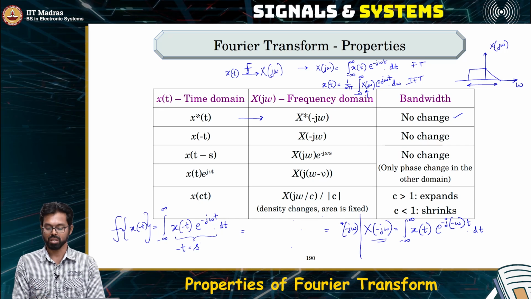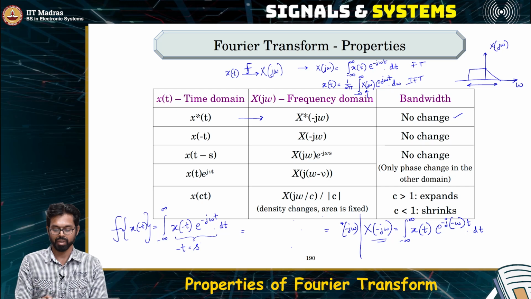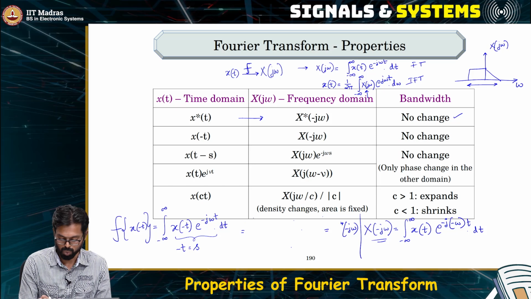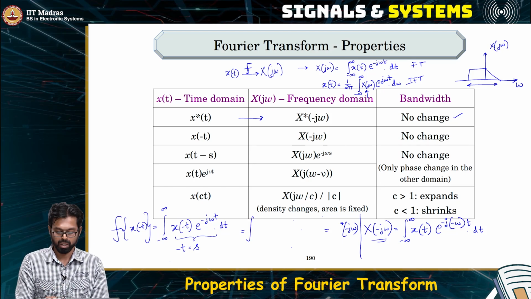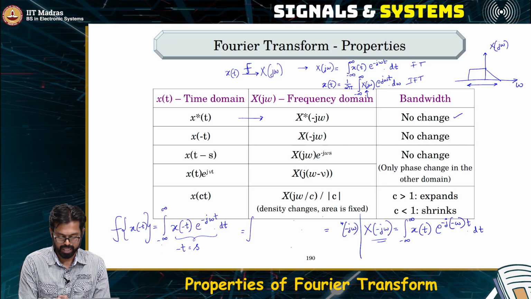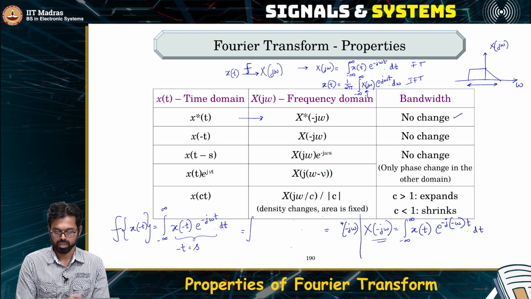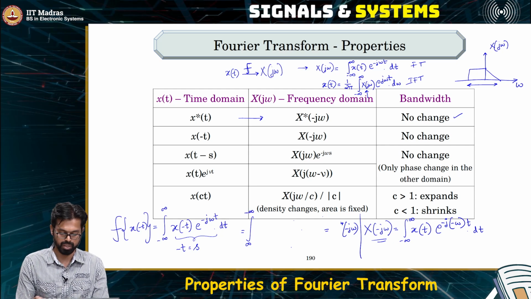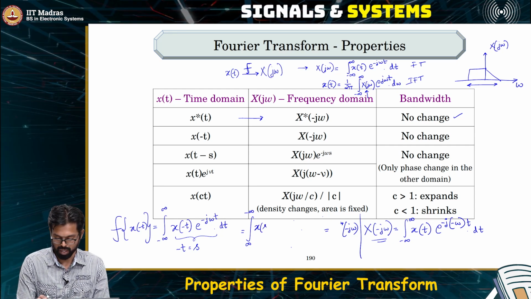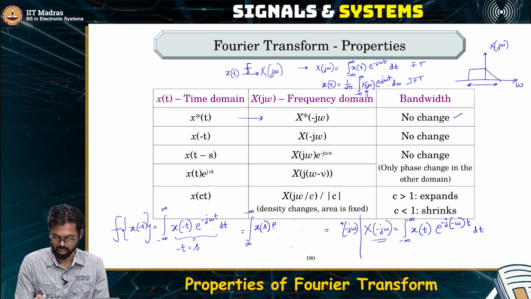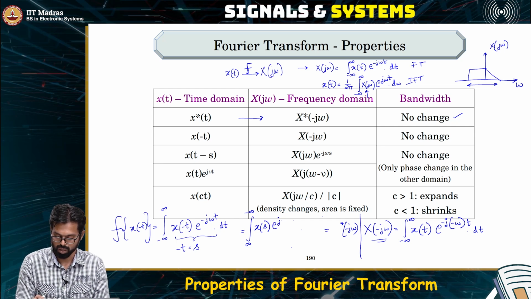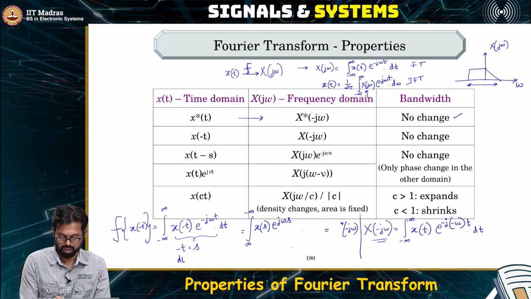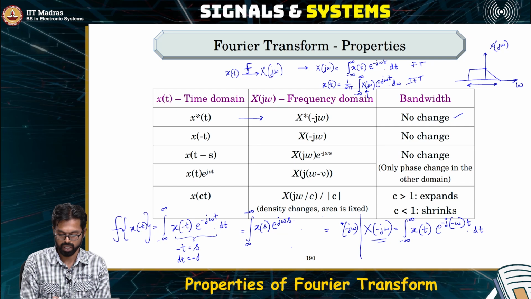So all we are doing is a change of variable. We are introducing another variable s, and calling that minus t. So what does this integral become? When t is minus infinity, what is s? Minus of minus infinity is plus infinity. When t is plus infinity, you get minus infinity. x of s, okay, e power j omega s, and dt is equal to minus ds.